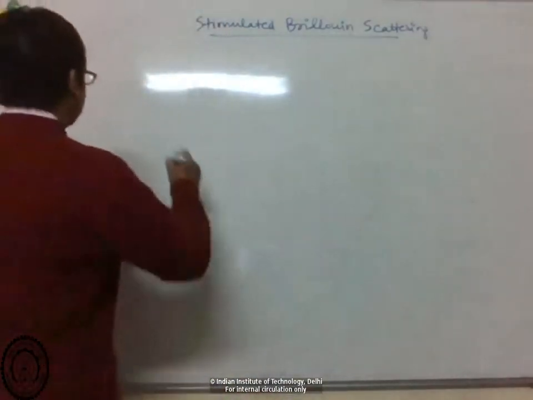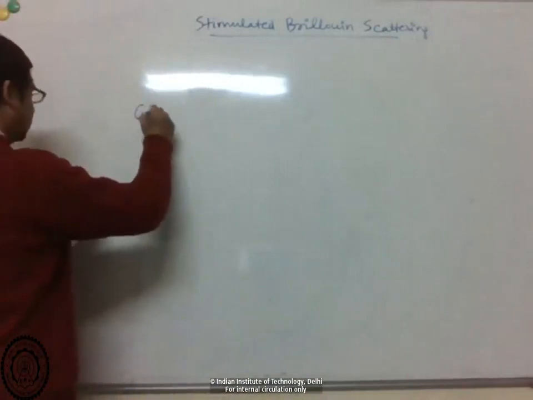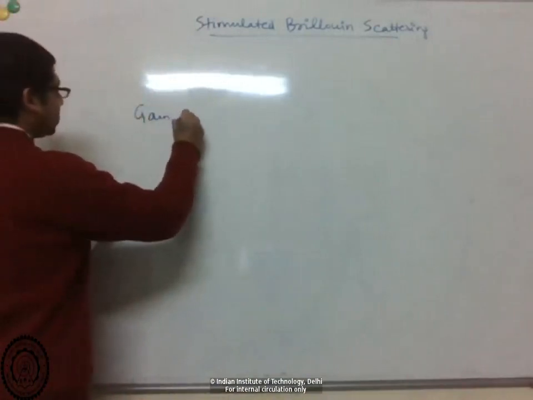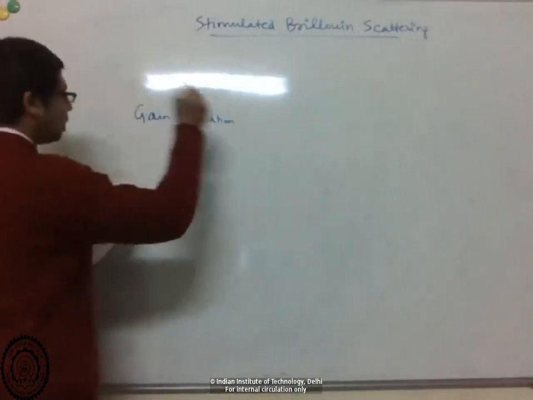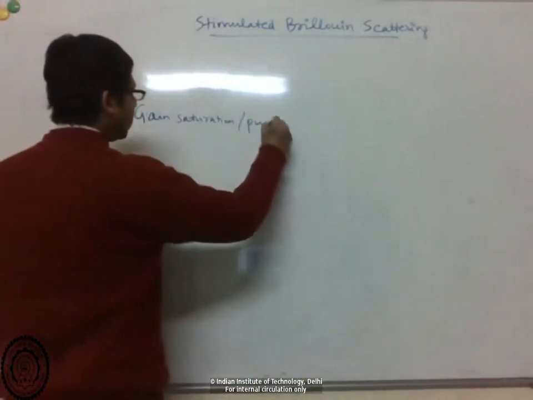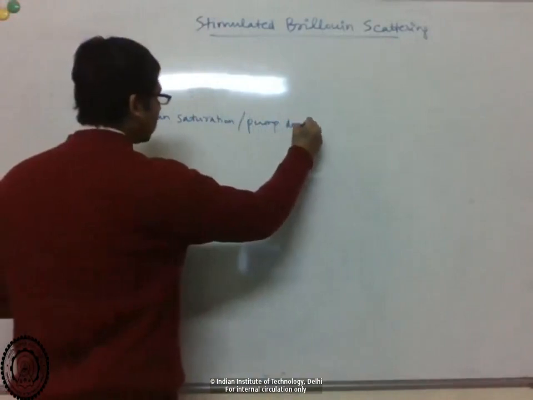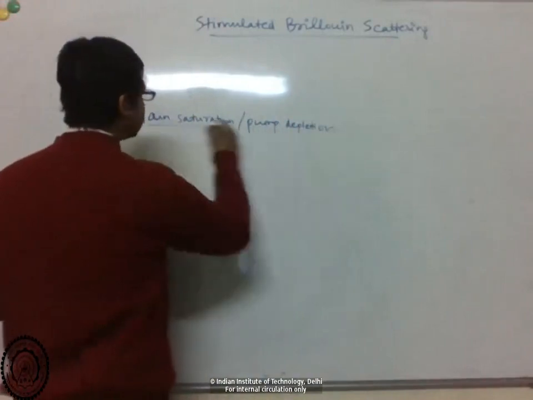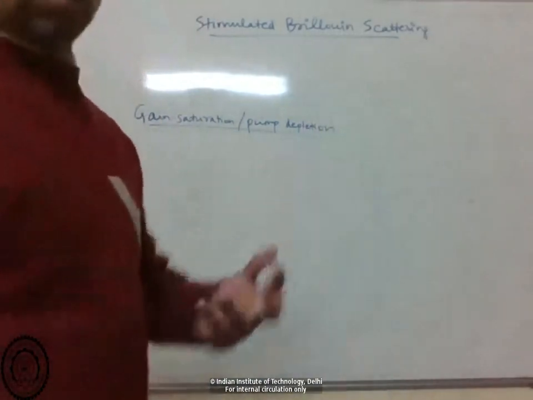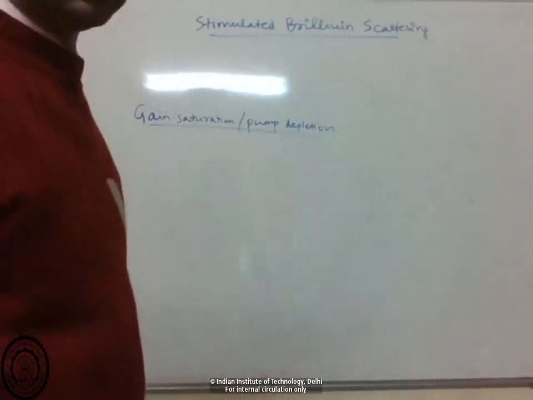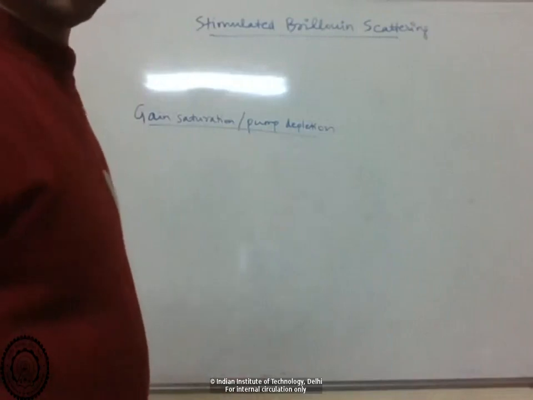Okay, so one thing that we need to consider is gain saturation. We saw that we can get very large gain, where we start converting a lot of the pump, like 50%, into the Stokes.